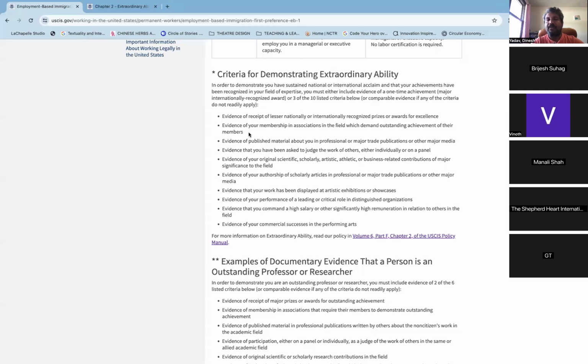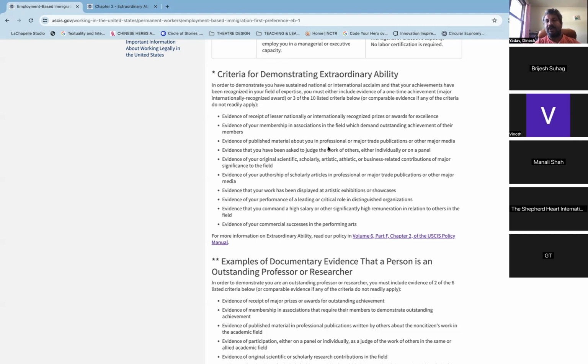Your area may be a really small micro area where there may not be a great big national or international level organization. But if there are local organizations, state level organizations, or county level organizations, you can always bring that in.